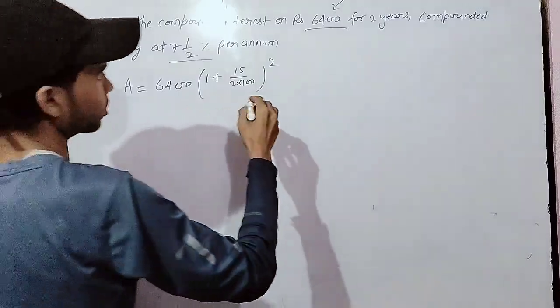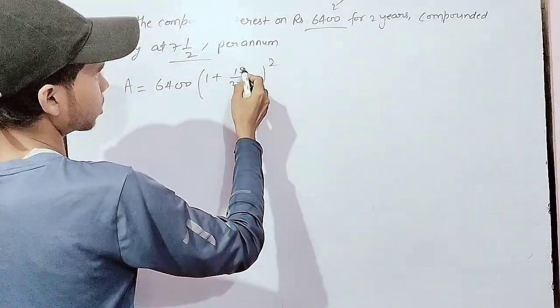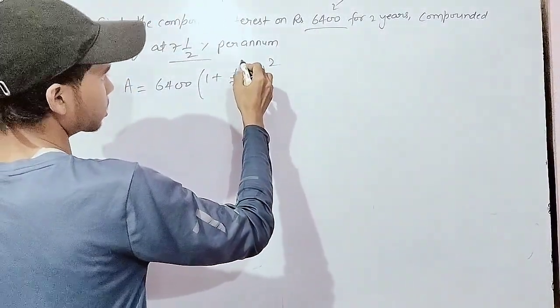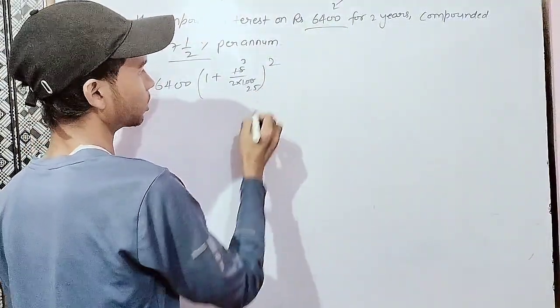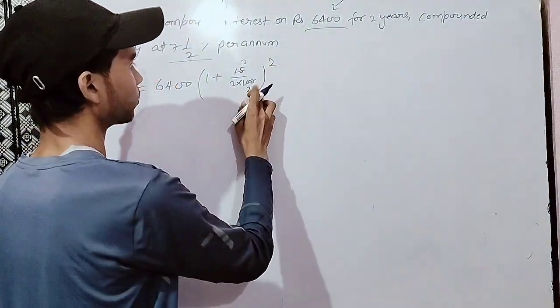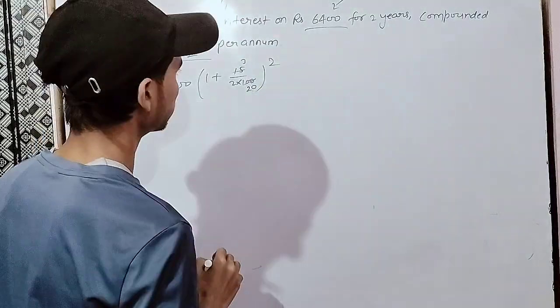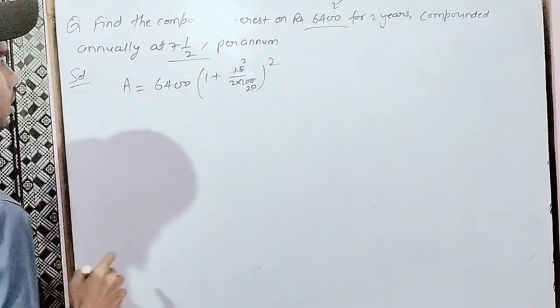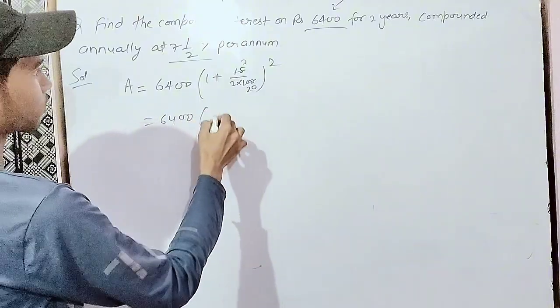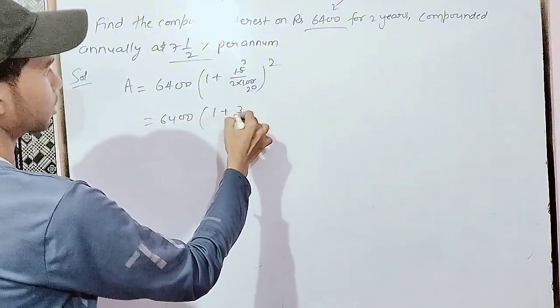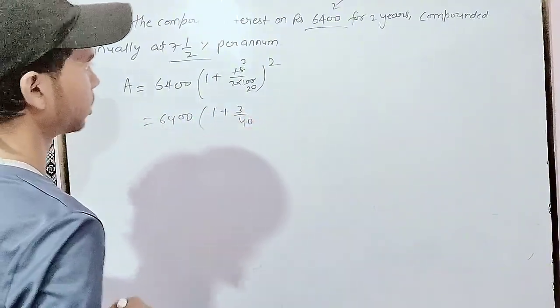This is how much? 5 3s are 15 and 25, 25s are 25s are. Now it became 1 plus 3 upon 40, isn't it?